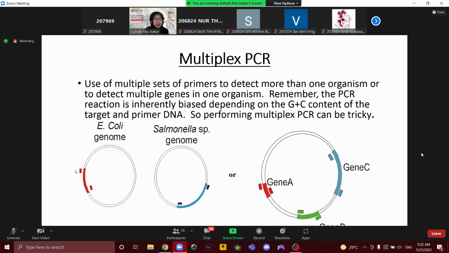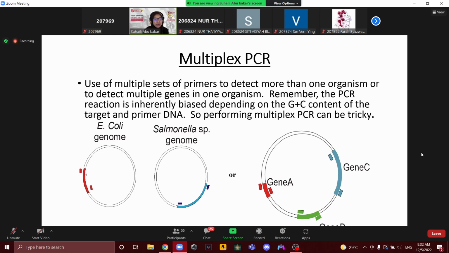Okay. But remember, the primer is only a short oligonucleotide. So if Salmonella has a sequence complementary to this primer, then it will amplify. But the results should be different from the E. coli, either in terms of the length or in terms of the DNA sequence inside here.